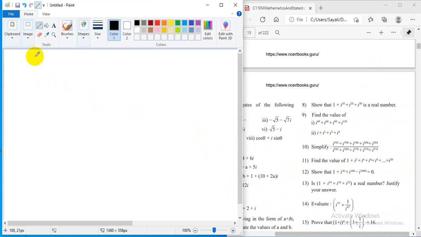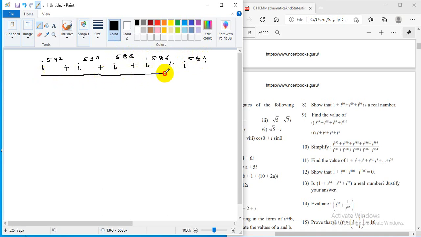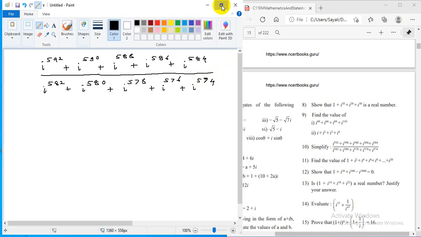Simplify: i raised to 592 plus i raised to 590 plus i raised to 588 plus i raised to 586 plus i raised to 584, and this is divided by i raised to 582 plus i raised to 580 plus i raised to 578 plus i raised to 576 plus i raised to 574. This is the problem. Now how to do this?